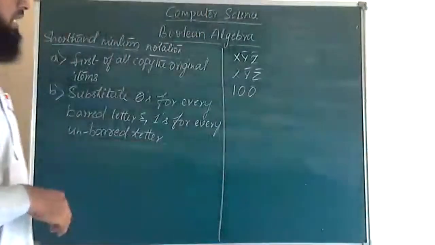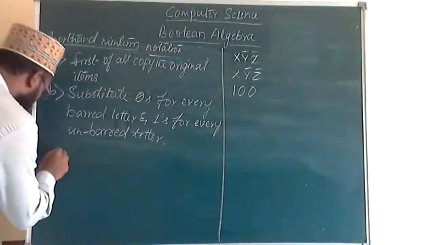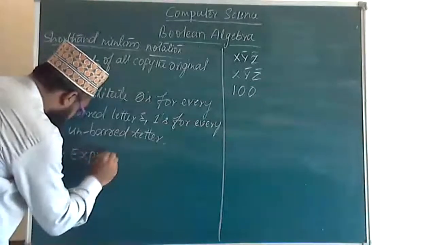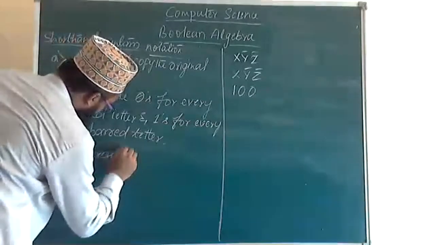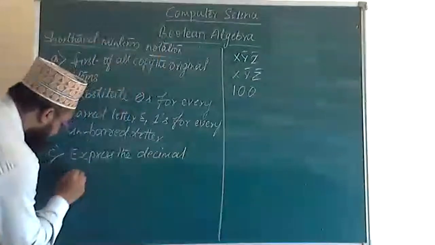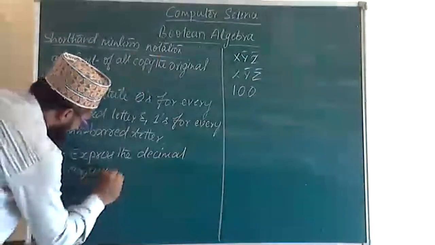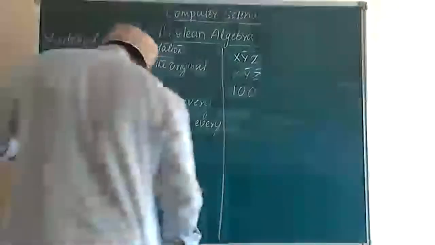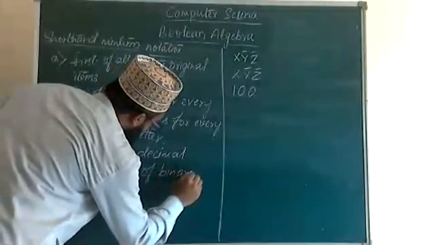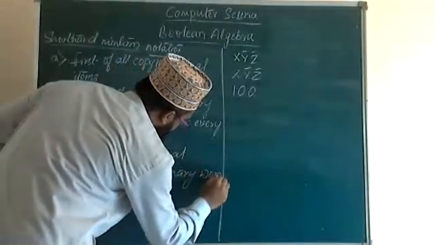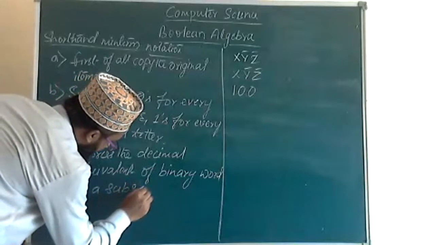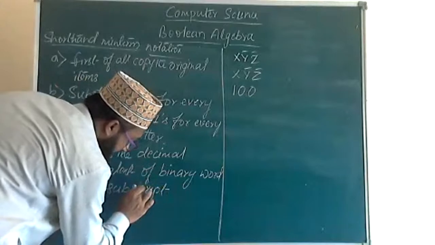Then the third and last step is to express the decimal equivalent of the binary word as a subscript of m.